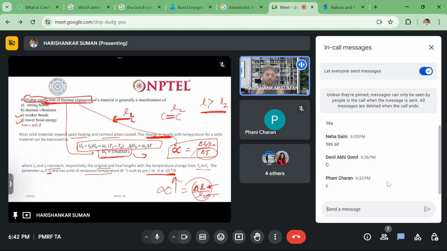But if the bond is weakly bound, then it easily expands or contracts, and more change happens.